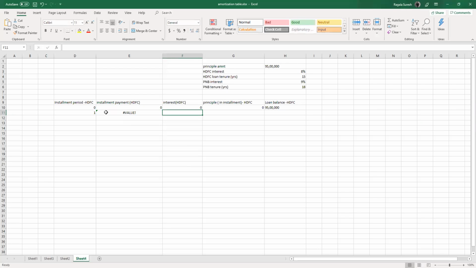Why is it not coming? A value used in the formula is of wrong data type. Okay. Yeah, just convert it. No, yesterday I used the percentage only. I don't think it's because of that.